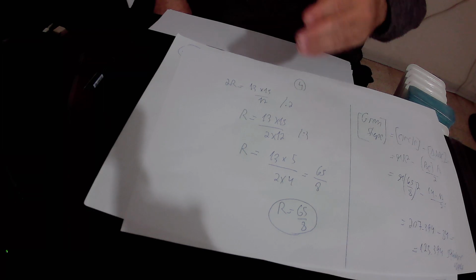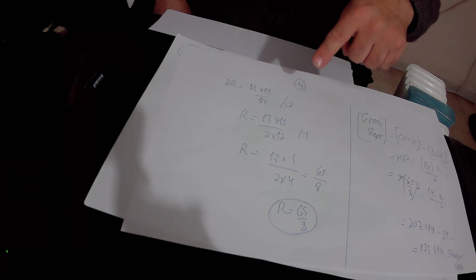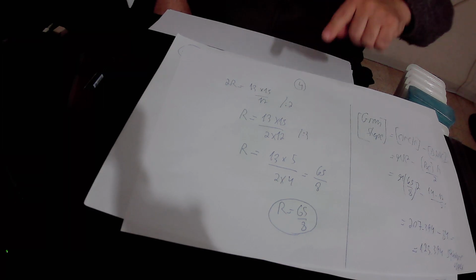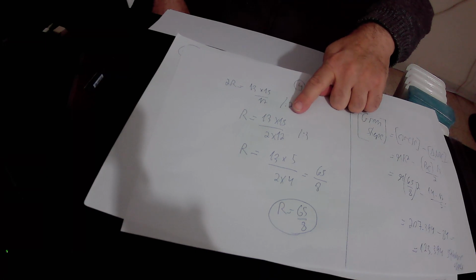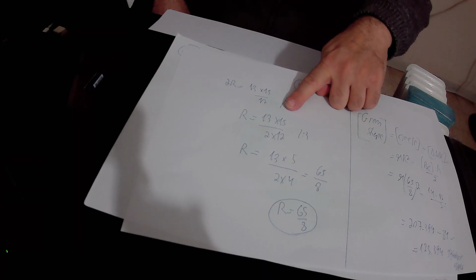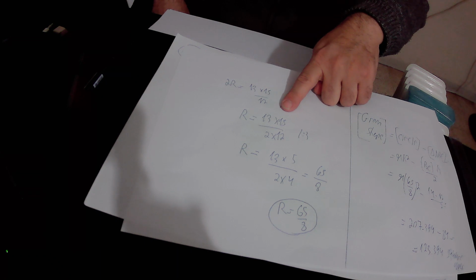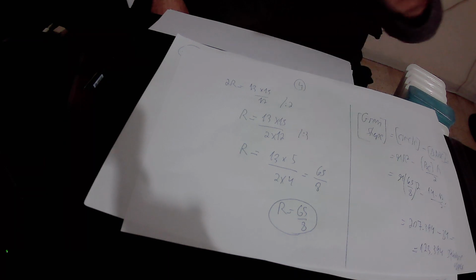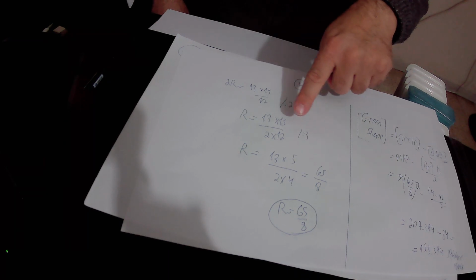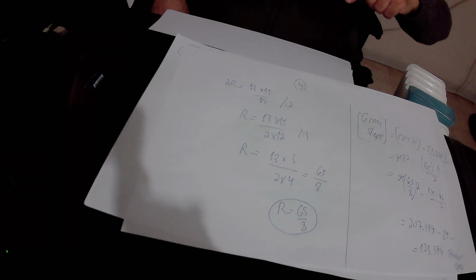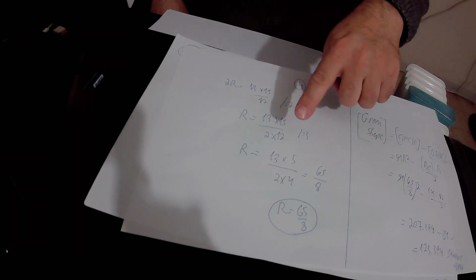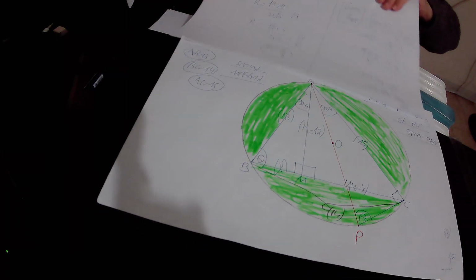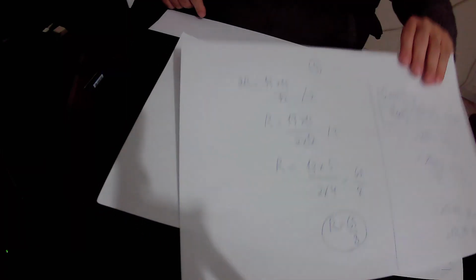Here we divide both the numerator and the denominator by 3. 15 over 3 is 5, so in the numerator we have 5 times 13, and 12 over 3 is 4, so in the denominator we have 4 times 2. 13 times 5 is 65, and 4 times 2 is 8. So the radius of this circle, capital R, equals 65 over 8 units.